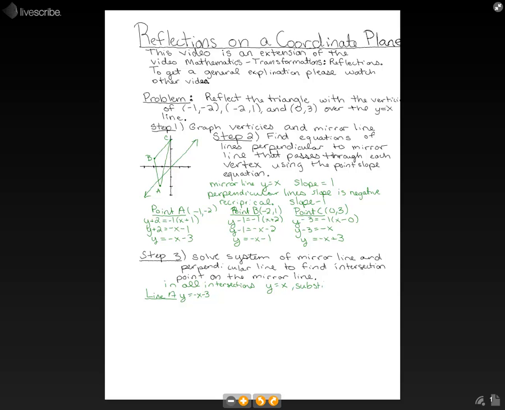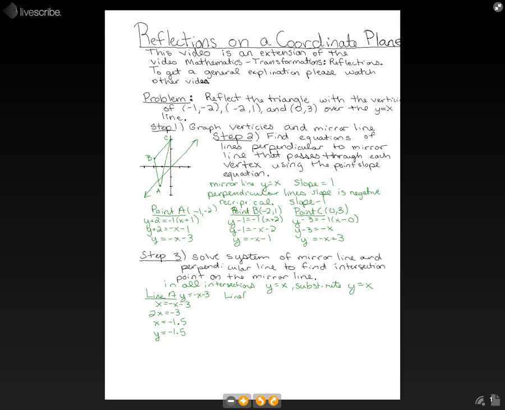So we're going to substitute y equaling x. So in line A, we'll do our substitution and get x equals negative x minus 3. So we'll have 2x equals minus 3, and then x equals minus 1.5. Then from that we say, well, we know x is equal to y, so y is equal to negative 1.5.